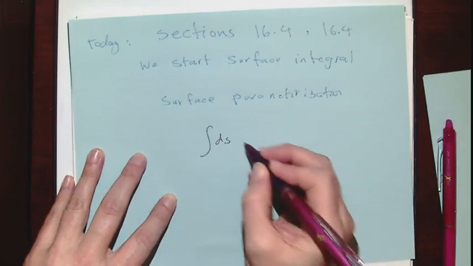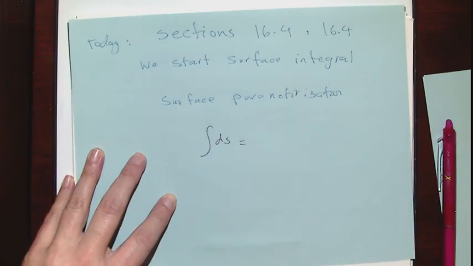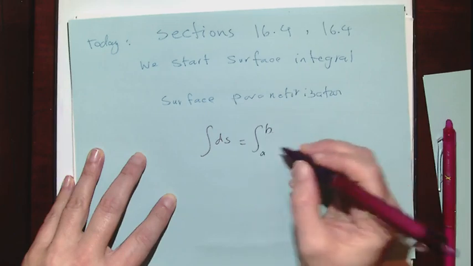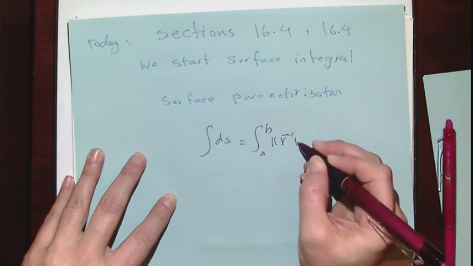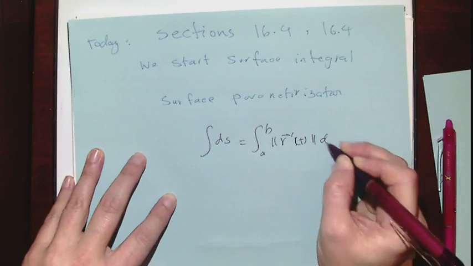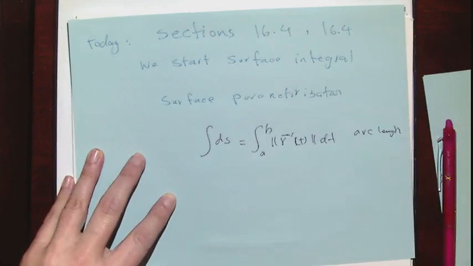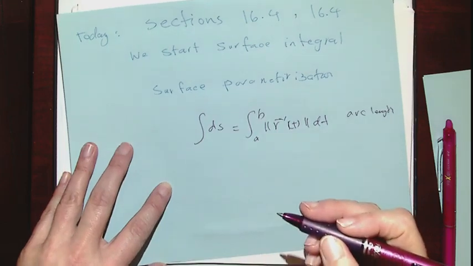To compute the arc length, do you guys remember the arc length? You had the integral from A to B of the magnitude of r prime of t dt. Remember this? Then what did I do next?